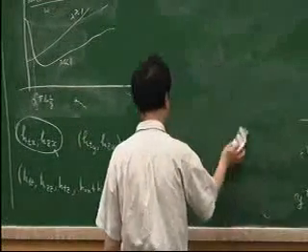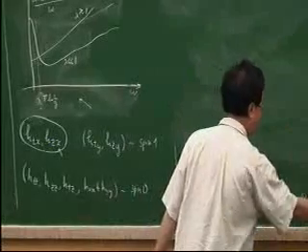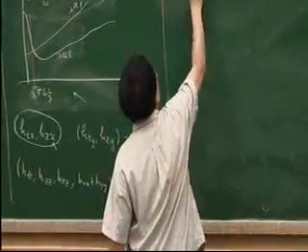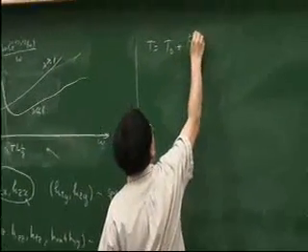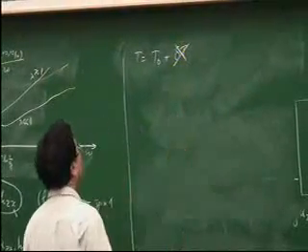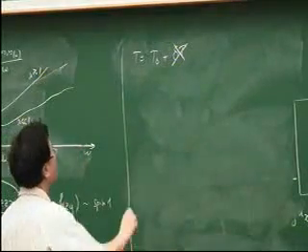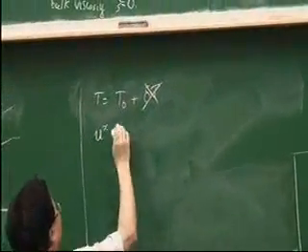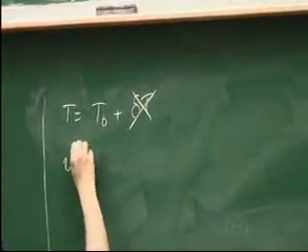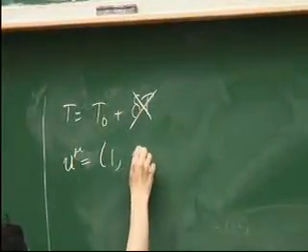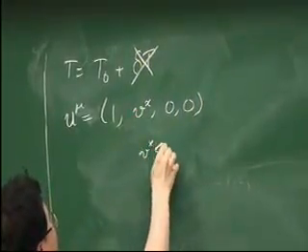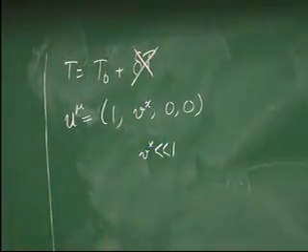From symmetry, we can say right away that there will be no temperature perturbations at all, because it's spin 1, but for the velocity, there will be a small velocity. U will be equal to 1, and then a small Vx, and then 0, Vx much less than 1, of order h, let's call that.